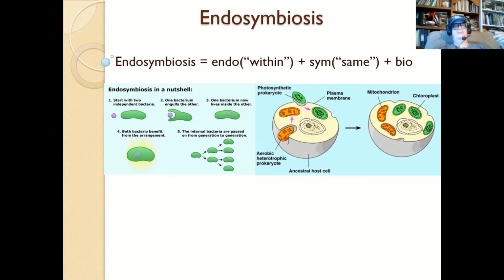So the name literally means things living together, one inside the other. But when scientists say it, they're talking about how we got complex cells from primitive cells. And the answer is, we think they took in other cells, and then instead of digesting them, they kept them because these cells are making energy for them.